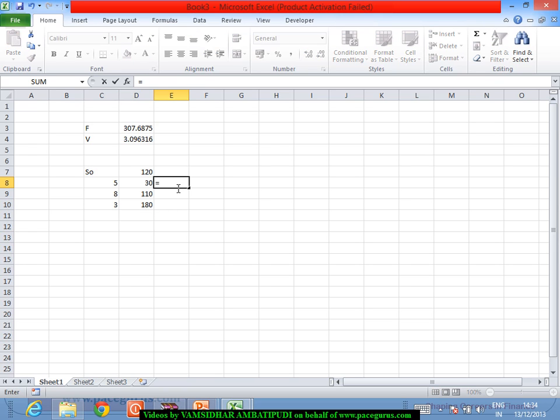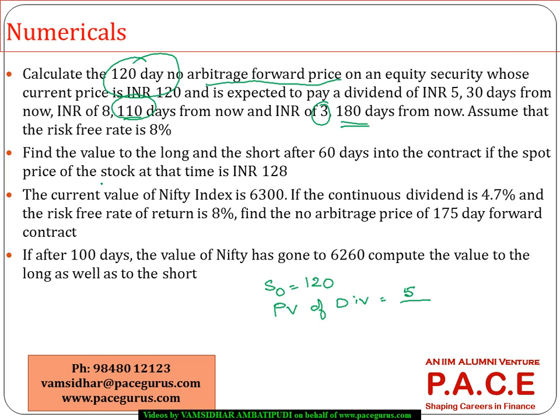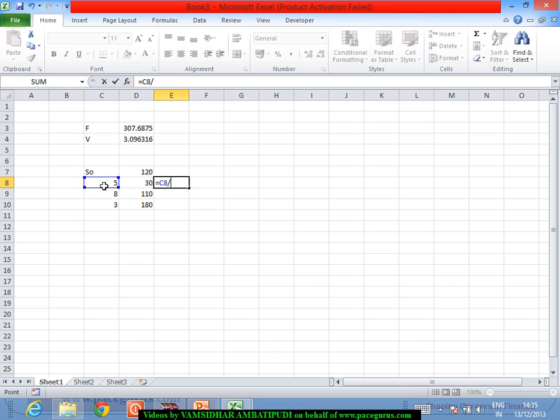So how do I adjust this? I'll find the present value of these two dividends under the assumption of a risk-free rate of 8%. So this is divided by 1 plus r, where 1 plus r is 1.08, to the power 30 by 365.